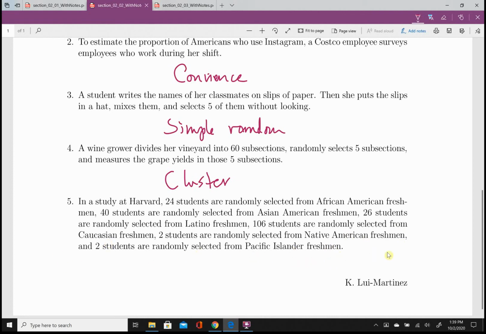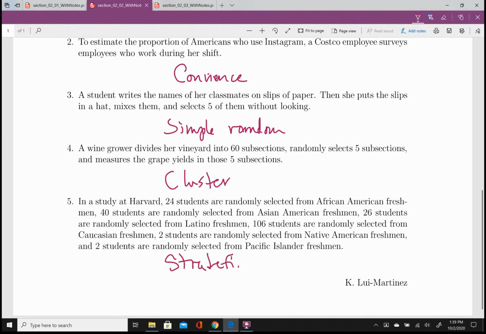Okay, so it seems to me like in this study, they are taking a proportional number of students from each type of ethnicity involved in the study. So that to me says stratified, for sure.